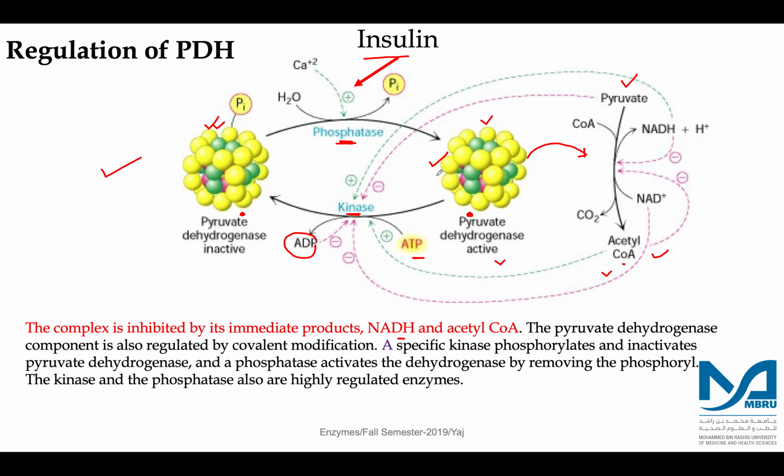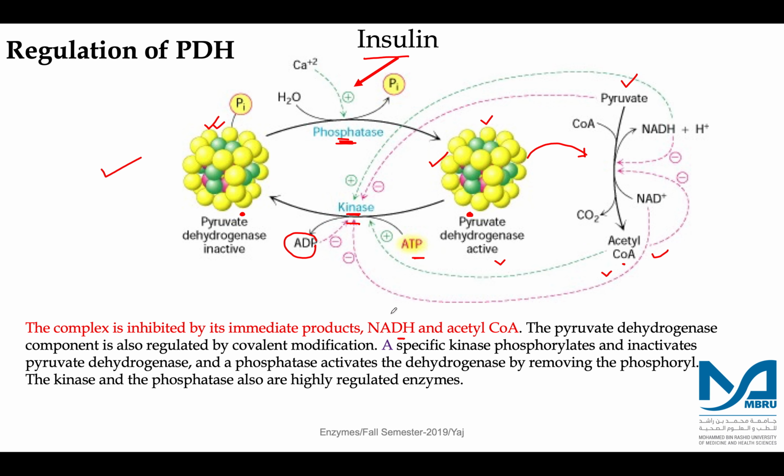So this phosphatase and kinase mediated activation and inactivation respectively is similar to what we studied in the lecture related to enzyme regulation. So please go back to those slides, because I mentioned there that these are the general overview by which specific enzymes are regulated, and then translate that particular concept to the regulation of the pyruvate dehydrogenase complex.